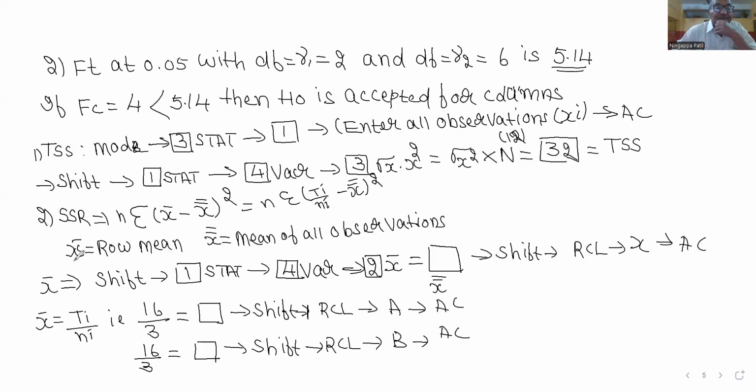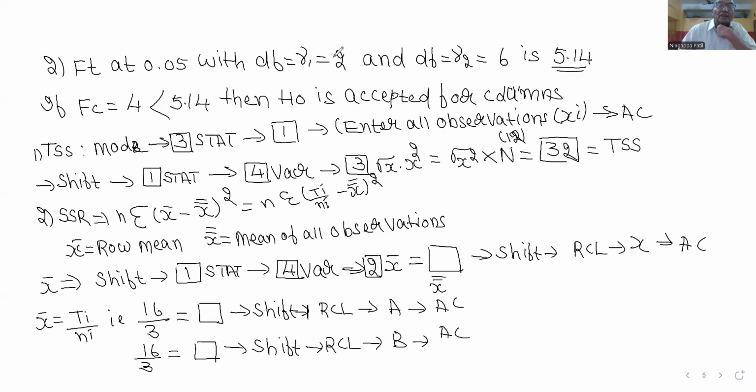The Ti upon Ni is x bar, that is the row mean. You have to find the mean of each row.